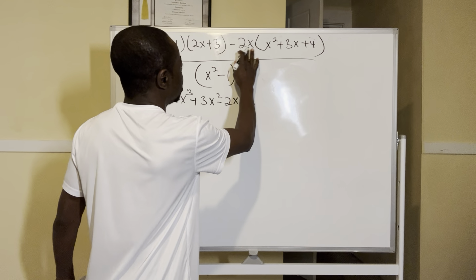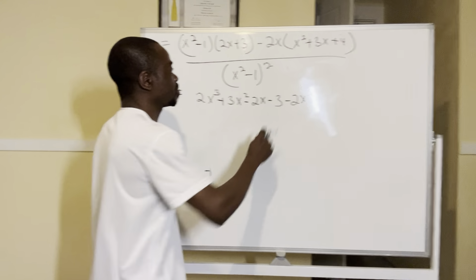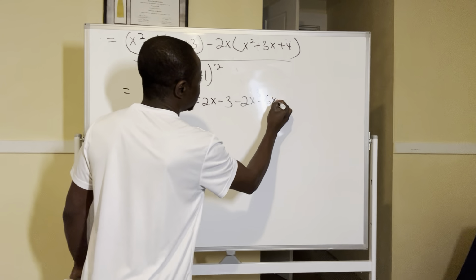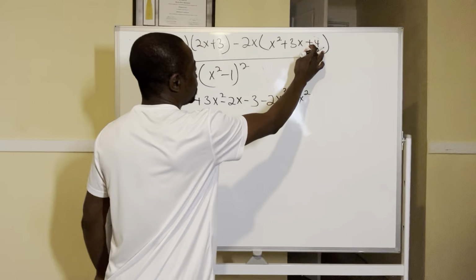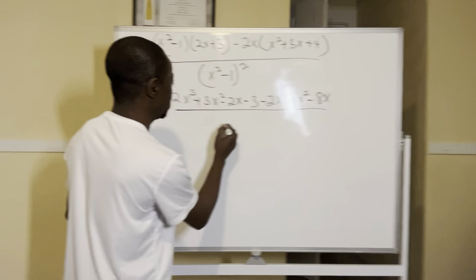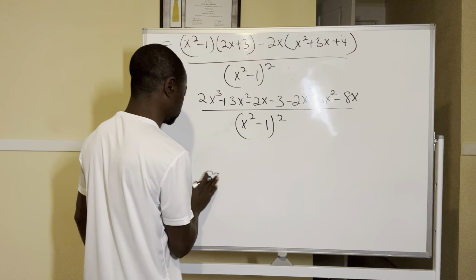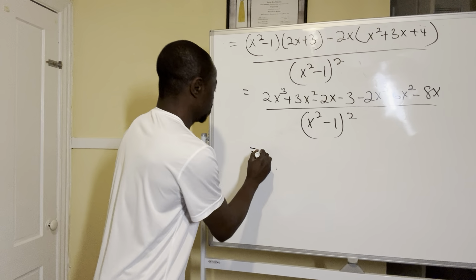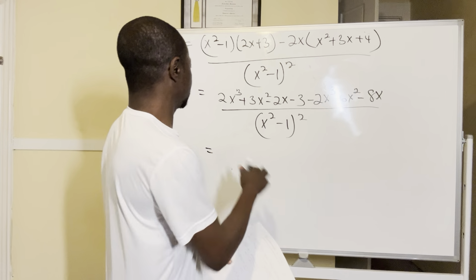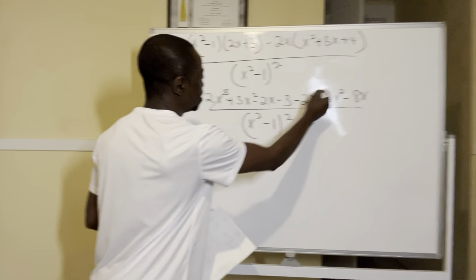Then minus 2x times x squared gives us minus 2x raised to the power 3. Then minus 2x times 3x gives us minus 6x squared. Then minus 2x times 4 gives us minus 8x. Then all over our x squared minus 1 all raised to the power 2. Right, let's see whether we can group like terms. We have 2x cubed and minus 2x cubed, so these simply cancel and we have 0.